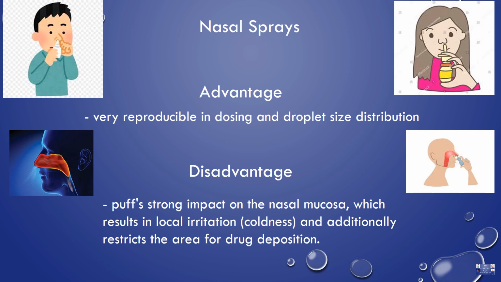In contrast to that, the pressurized metered dose systems for nasal administration are very reproducible in dosing and droplet size distribution. A major disadvantage is the puff's strong impact on the nasal mucosa, which results in a local irritation, such as coldness, and additionally restricts the area for drug deposition.